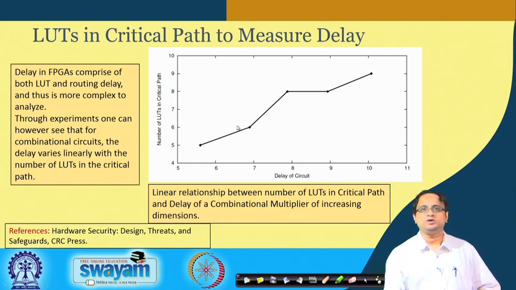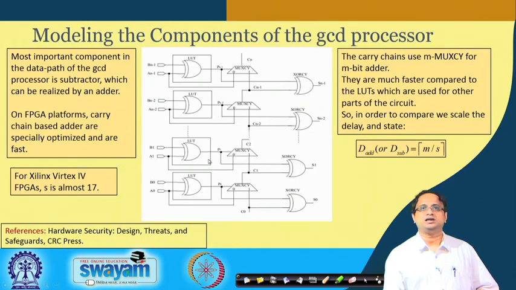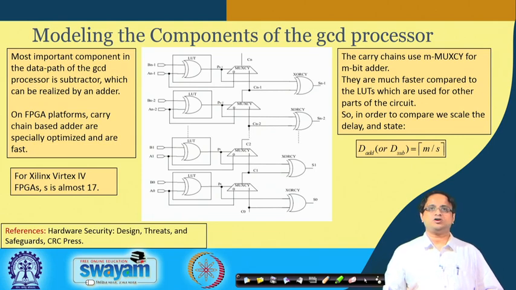Okay. Once we have these two formalisms, we can start modeling the components of the greatest common divisor. In the greatest common divisor, the other very important component is the adder. Now, modeling the adder by lookup tables is slightly tricky, because in most FPGA circuits there are dedicated adders, which means we have the normal lookup tables, but there is also an additional chain. This addition chain is much faster compared to the normal LUT delays. So to account for that, we incorporated a scaling factor.